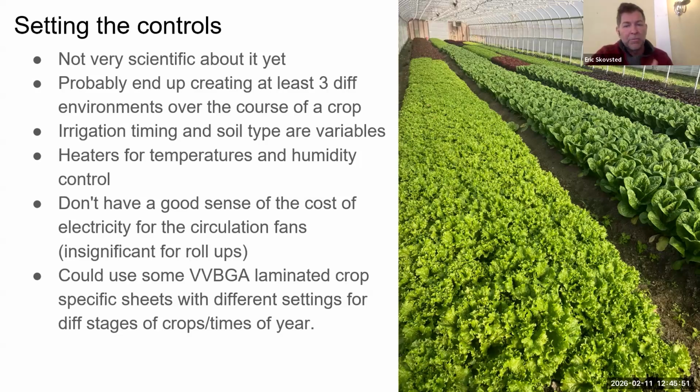So like what temperature you would want the heaters to kick on, what humidity you might want them to kick on at, what humidity you might want the sides to then roll up at, and on it would go, based on the stage of the crop. Could be pretty helpful. We are just guessing most of the time, kind of going on experience, but it's more of an art than a science.